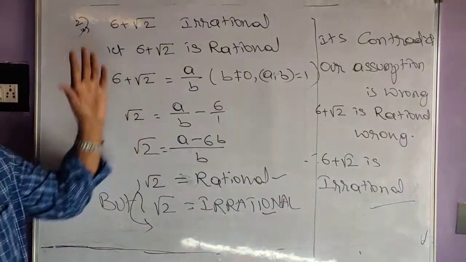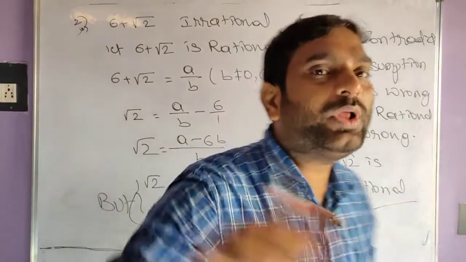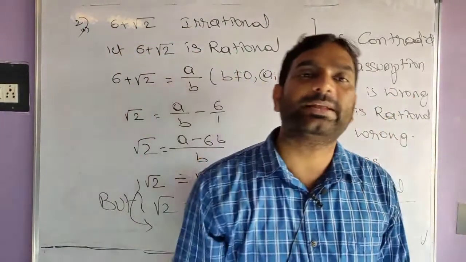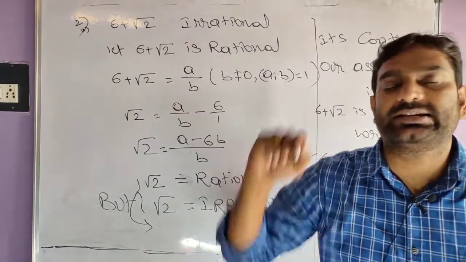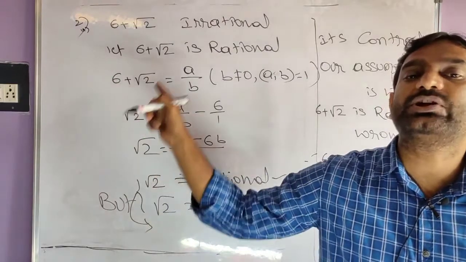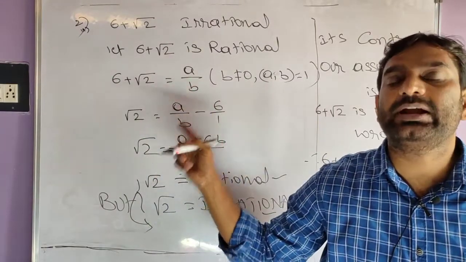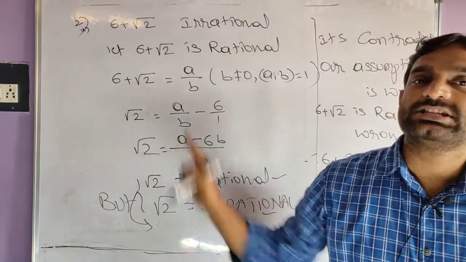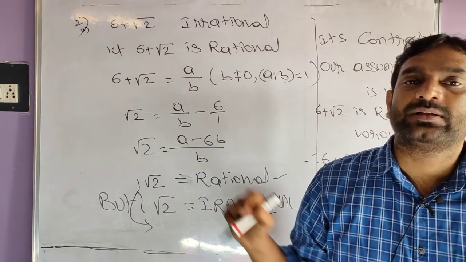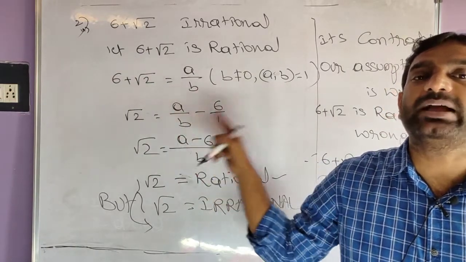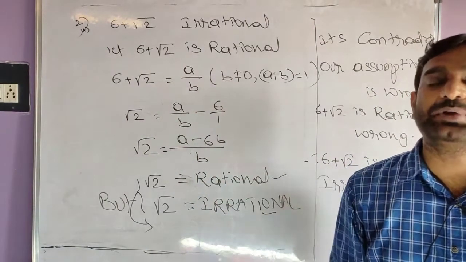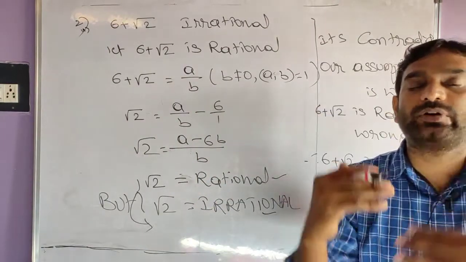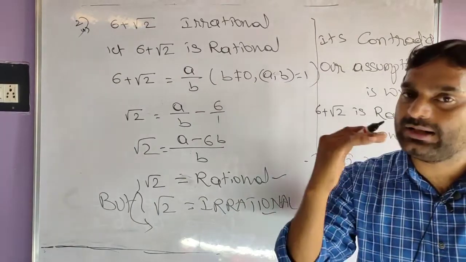Okay, listen again. Given, prove that 6 plus root 2 is an irrational number. We took 6 plus root 2 as a rational number. 6 plus root 2 is equal to a by b, and b not equal to 0. Root 2 is equal to a by b minus 6, nothing but root 2 is equal to a minus 6b by b. It is in the form a by b, with b not equal to 0, nothing but a rational number.